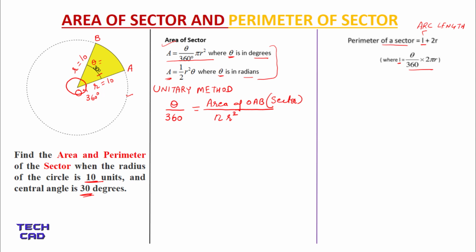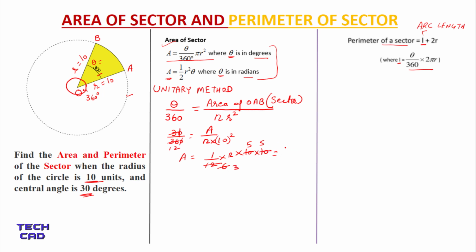There is no need to memorize. So now just put the values. We have to find out the area. Theta in this case is 30, so 30 divided by 360, and the area you have to find out, and this is pi into the radius 10 squared. Now you can cross here, and 3 ones are 12. So the area would be 1 by 12 into pi into 10 into 10. 2 fives are 10, 2 sixes are 12, again 2 threes are 6, and 2 fives are 10.